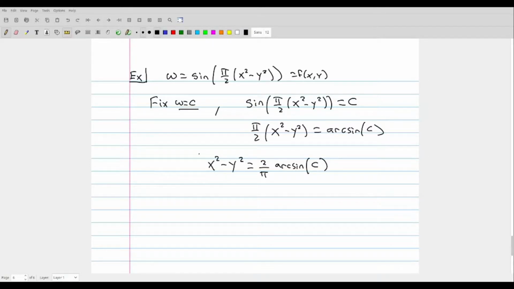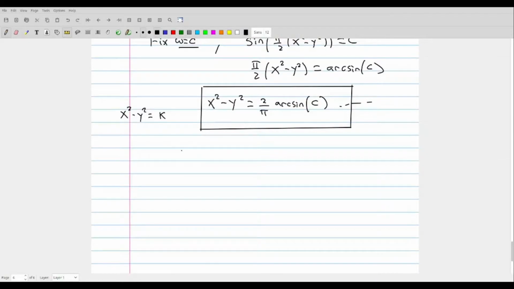And this is the algebraic equation of the level curves for this function, which means for various values of c in the range of this function, the level curves are given by curves of the form x squared minus y squared is equal to some k value, where this k is 2 over pi times the arc sine of c.